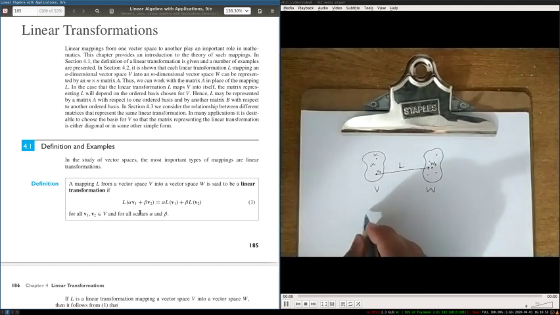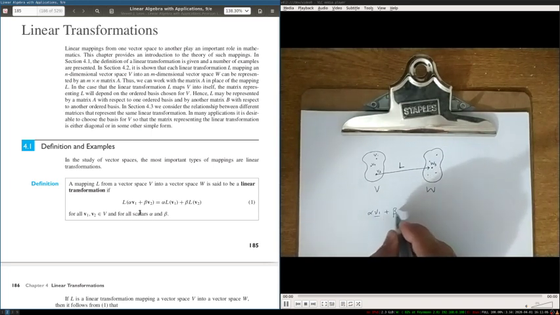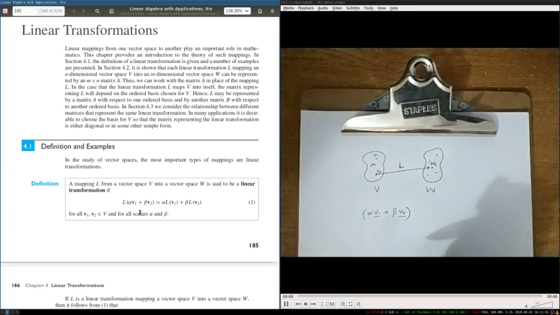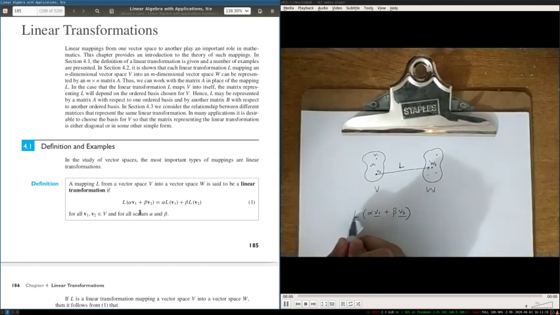We call it linear for the following reasons. The idea is if you take a linear combination, let's suppose I had a linear combination alpha V1 plus beta V2. This was a linear combination of vectors in V space, and what I'm going to do is apply the transformation L on this linear combination.